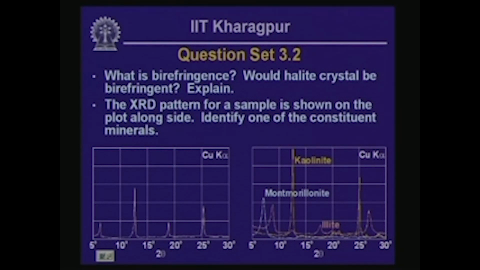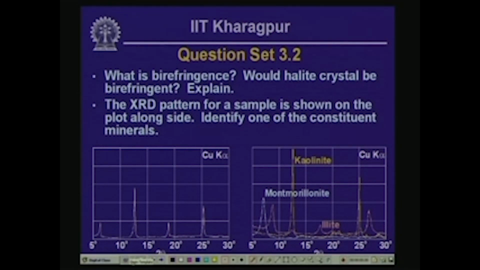I am going to just draw a line on top of the XRD pattern provided to you because the line thickness was not adequate, so that the resolution may not actually pick the input XRD pattern.